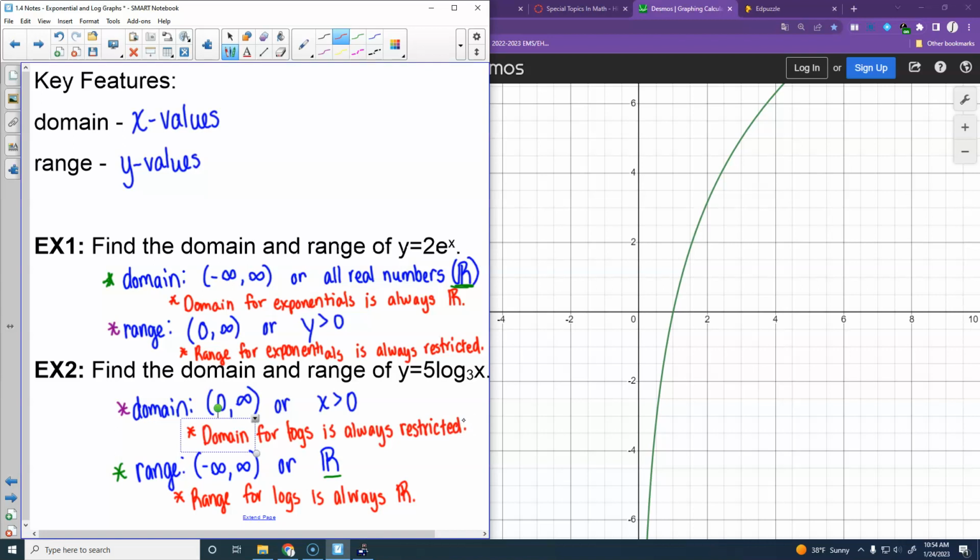This will help particularly when the graphs are hard to decipher. Okay. Questions on this stuff?